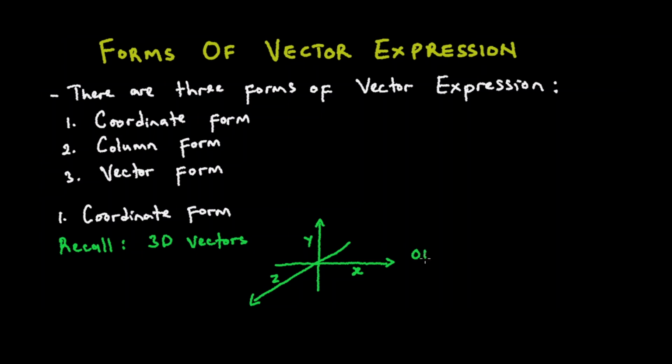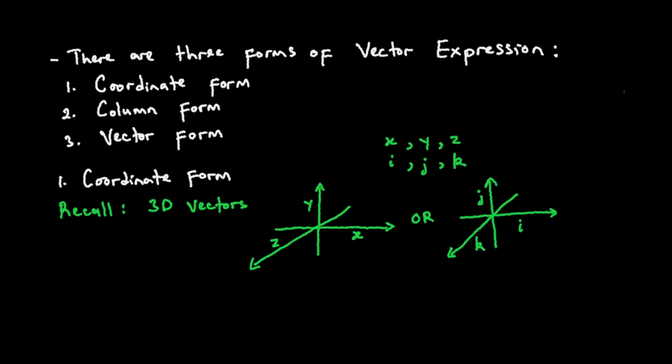Also important, sometimes we use different letters to denote these dimensions, where this is I, J, and K. So we have x, y, z, or I, J, and K, like that. So that is the coordinate form. Coordinate form is directly linked to these dimensions.